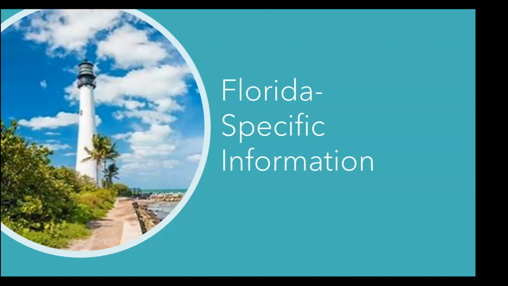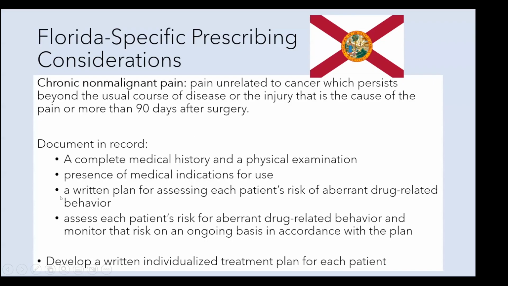So in reviewing some of the Florida specific information here, there are considerations for prescribing opioids in Florida, and I have listed some of these here. They are taken from the Florida statutes. For chronic non-malignant pain, they have a definition of it here, and you want to make sure that you're documenting all of these components listed appropriately in the record.